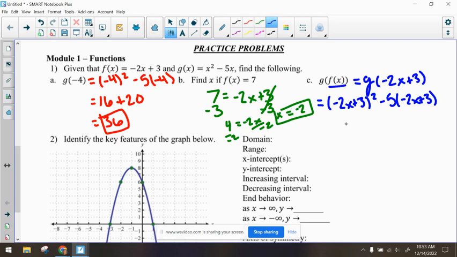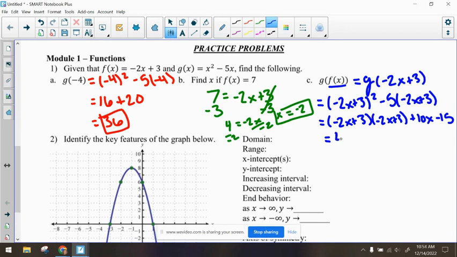If I have this binomial squared, I have to write it twice. I cannot just square both terms. At the same time, I'm going to distribute this negative 5. And then we're going to FOIL that out.